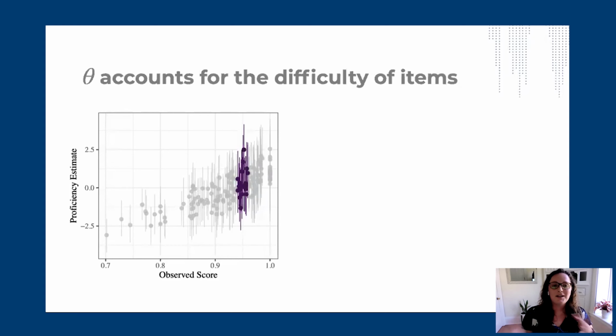It's really hard to distinguish just based on score if there are any differences among these examiners. But we see that there's a pretty big range in the proficiency estimates that they're given, all the way up to 2.5 and all the way down to maybe -1. This is a really big range of proficiencies for people who had the same percent correct score.